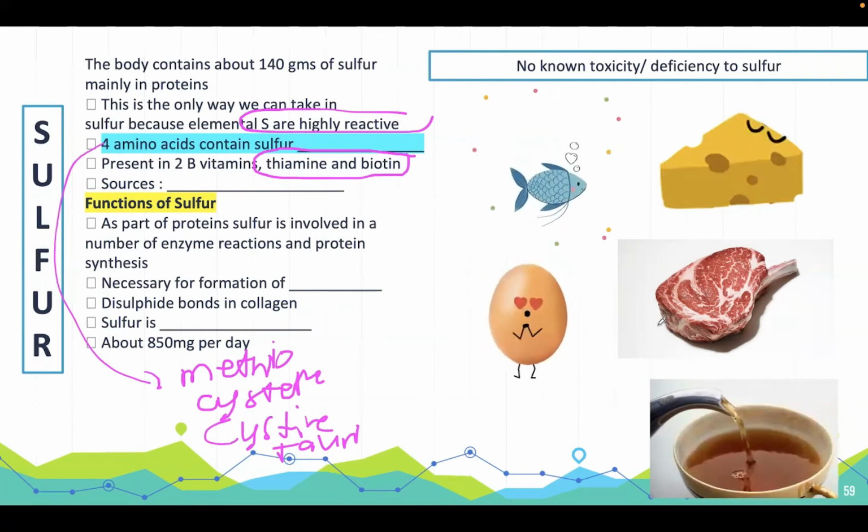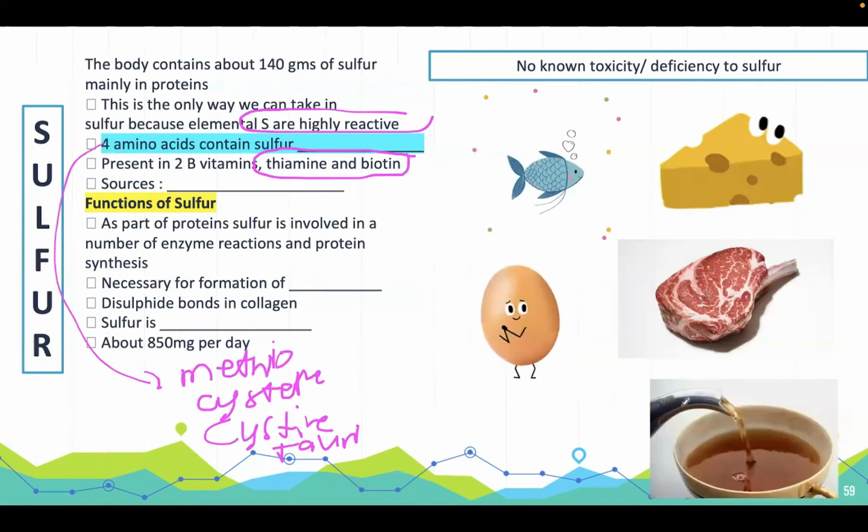So what are the functions of your sulfur? As part of protein, sulfur is involved in a number of enzyme reactions and protein synthesis. It is necessary for the formation of your collagen. Okay, collagen makes up our nails, our hair, and other structural body part.